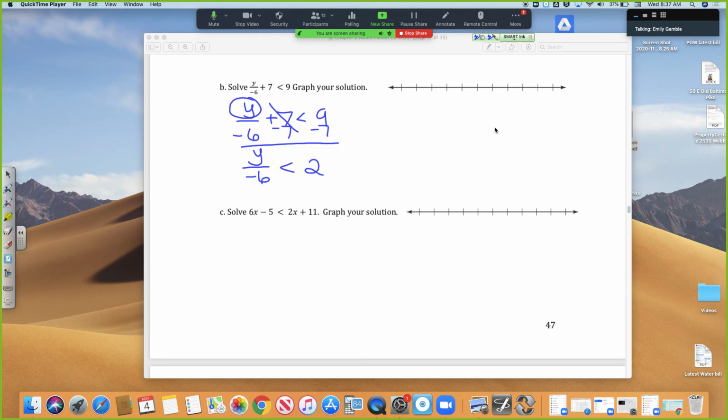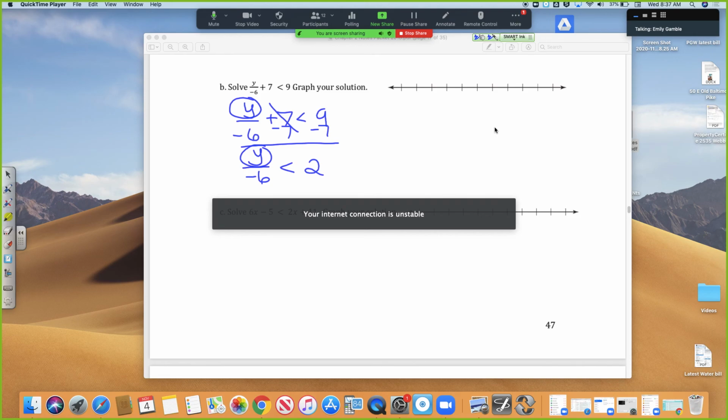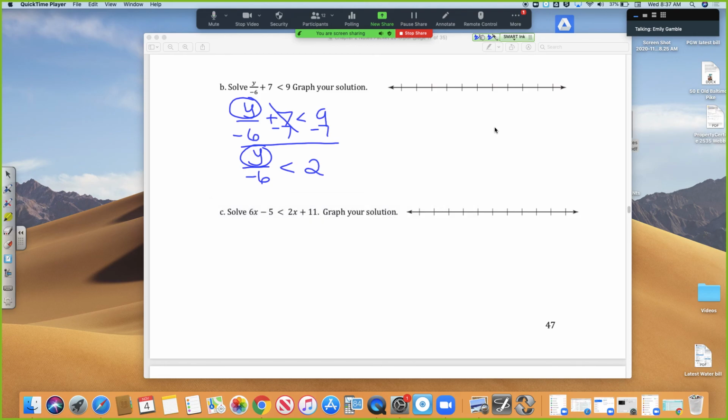The last thing we would do to solve for y is undo what's happening right now with that y and the negative 6. This is division. The opposite of division is multiplication. So we're going to multiply both sides by the exact number that's being divided. What number is being divided right now? Yes, negative 6.